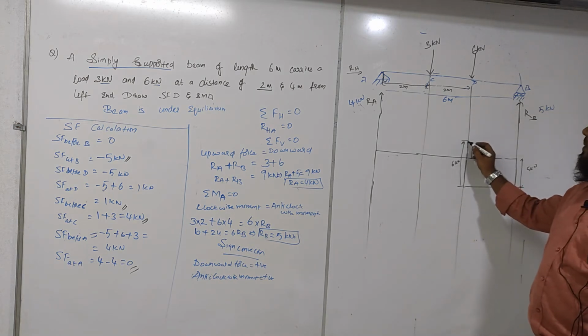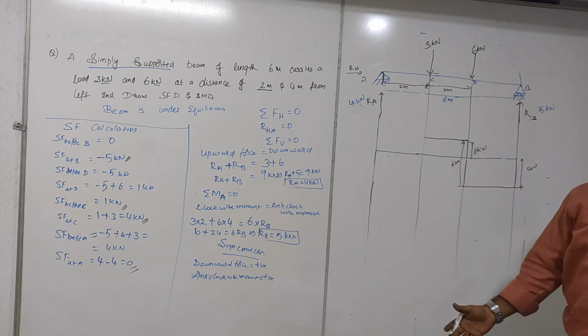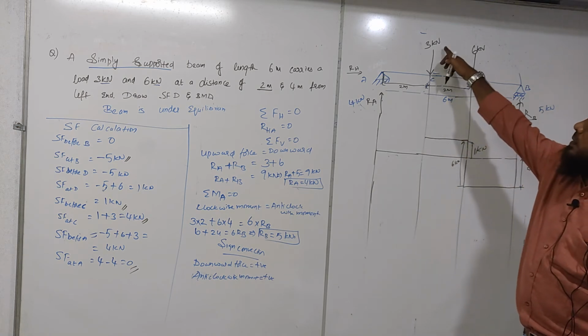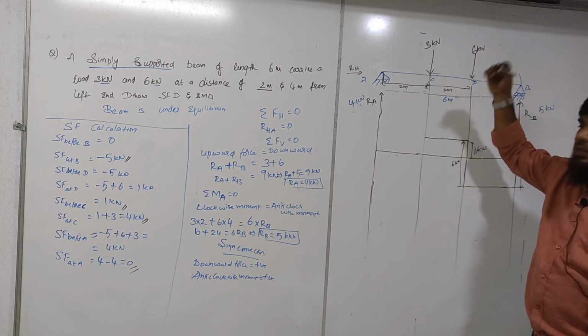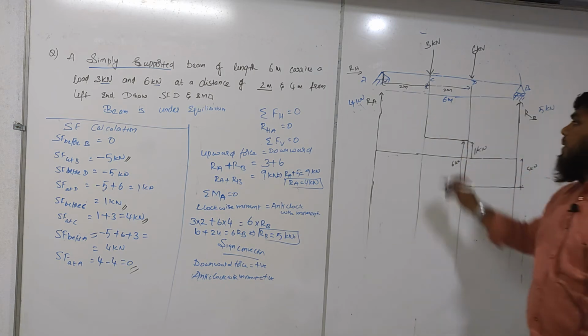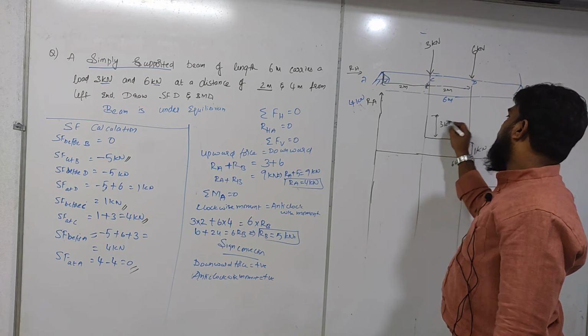Again, from here to here, there is no change in the load. There is no other load acting, so this will continue. From here, again there is a point load of 3, acting downward. So it is positive, you have to rise up. So this length is your 3 kilonewton.